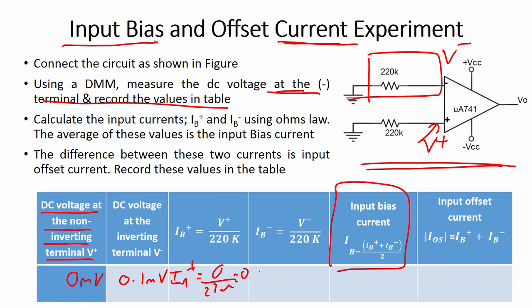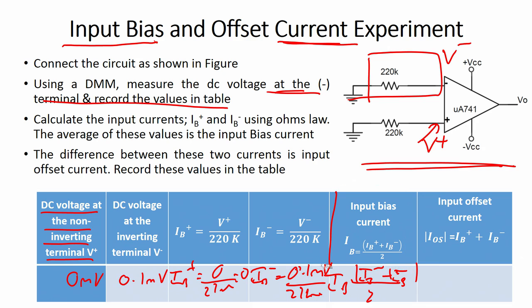Then IB minus equals 0.1 millivolts divided by 220 k. So, we will get another value here. Then we put the values of IB plus and IB minus, divided by 2, and that will be your input bias current. You got it.